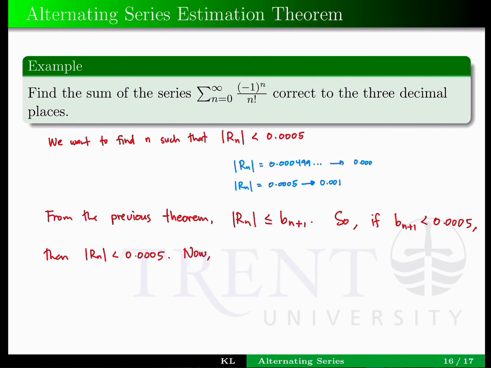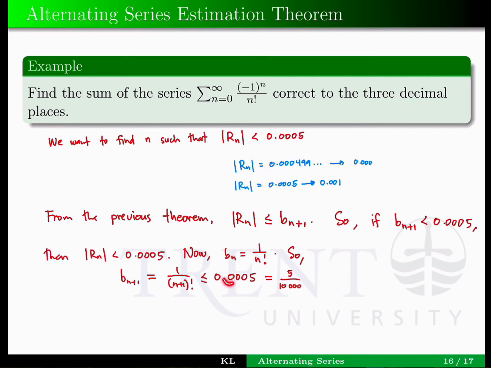Now, what is Bn? Bn is 1 over n factorial, which means Bn plus 1 is equal to 1 over n plus 1 factorial, and you want this to be less than or equal to 0.0005. But anyway, 0.0005 is equal to 5 divided by 10,000, correct?